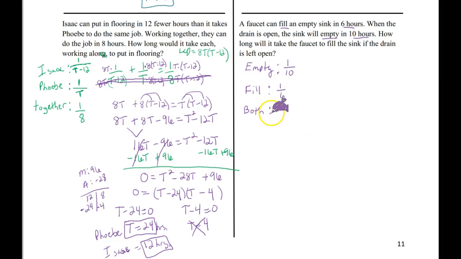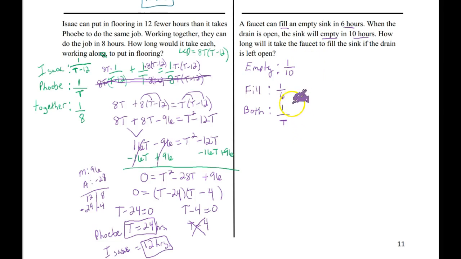Now the both is what we're trying to figure out. It says how long will it take the sink to fill if the drain is left open. So one sink, we don't know how long. Now we're not going to add these two rates together because one is filling and one is emptying.